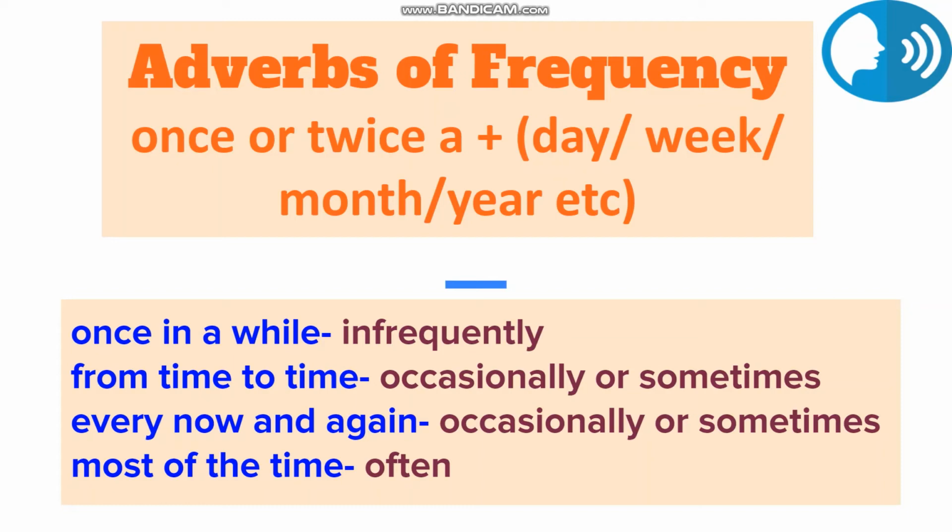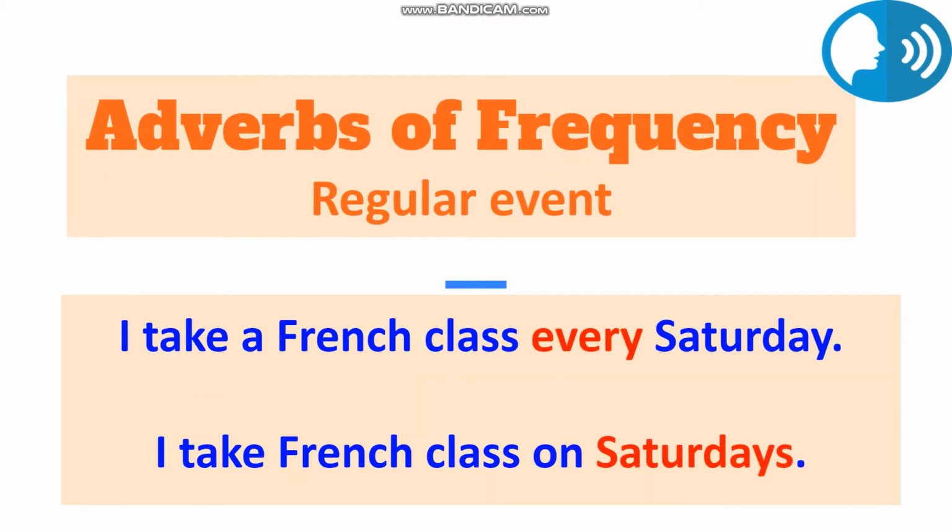Now, you can also say from time to time or every now and again, and these are similar to saying occasionally or sometimes. You can also say most of the time. This is similar to saying often. Now, all these expressions are used at the start or at the end of the sentence, but never in the middle. No, sir, that is incorrect.